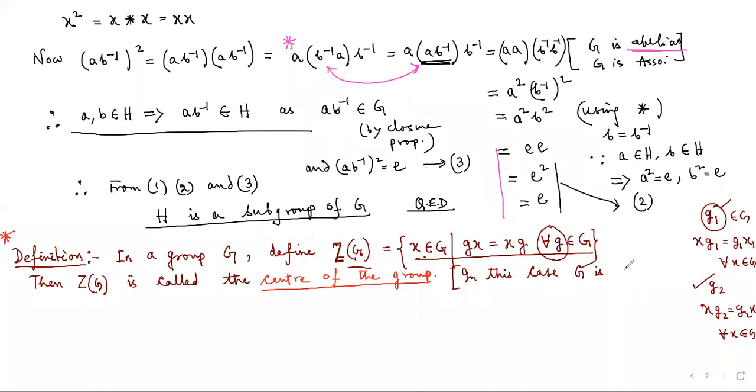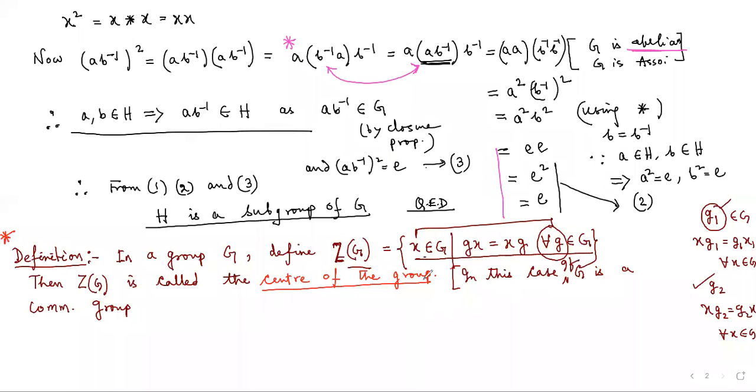Capital G is a commutative group. It is quite obvious because the elements of G are commuting with some other elements of G. So it should be a commutative group, otherwise this particular role will not be played properly. No, one thing: this statement which I'm making must be rectified properly.